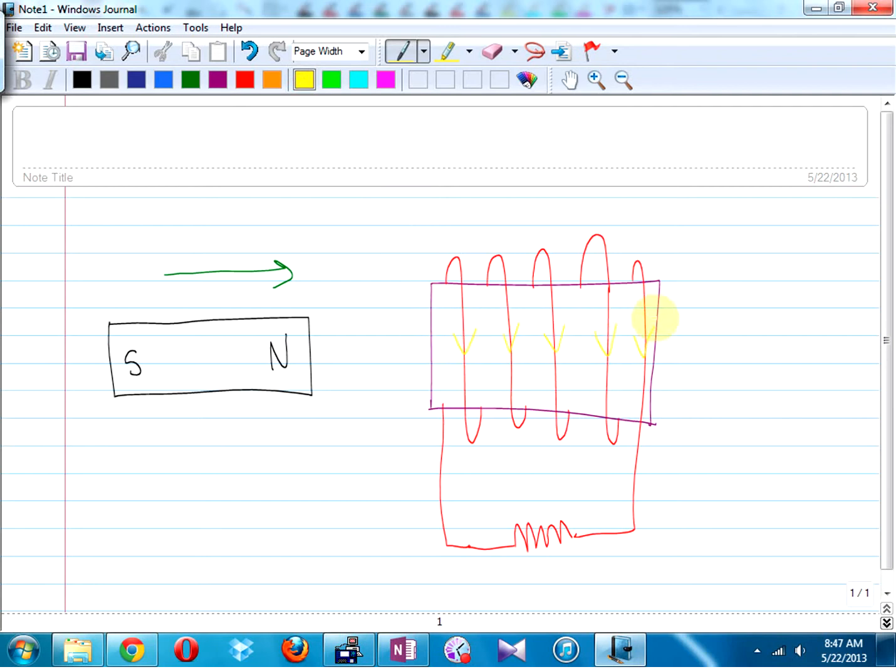Can all of you use your right-hand rule on the solenoid? Can you tell me which end of this solenoid would be north? Which end would be south? What would this south pole do to that north pole? Attract it, which would mean what would happen to this speed?